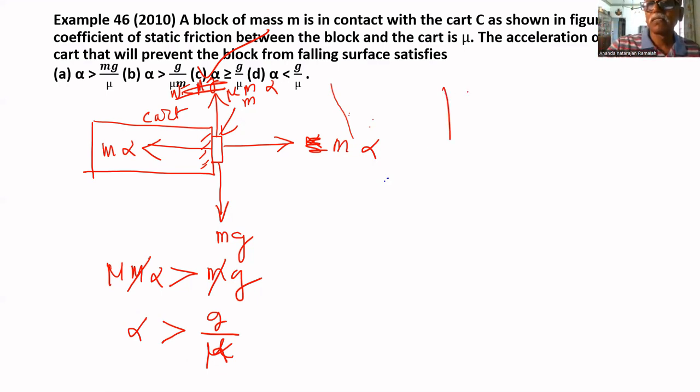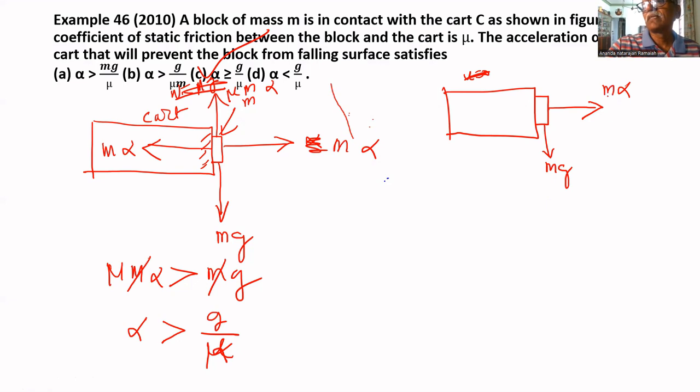Once again, this is the cart, and a mass is like this. Downward force is mg. If the cart stands still, it will fall. But the cart is moving towards the right with an acceleration alpha. Therefore, the force towards the right is mass into acceleration. The reaction force from the surface must be m alpha.